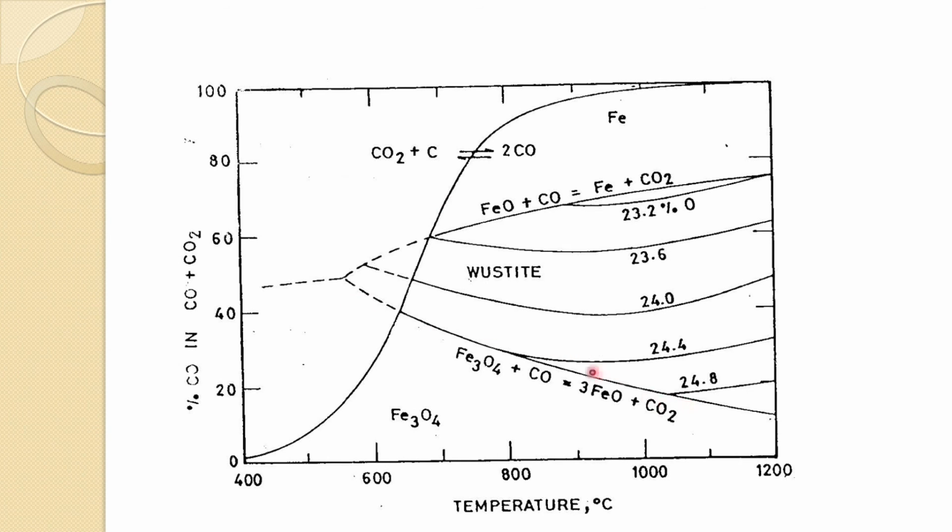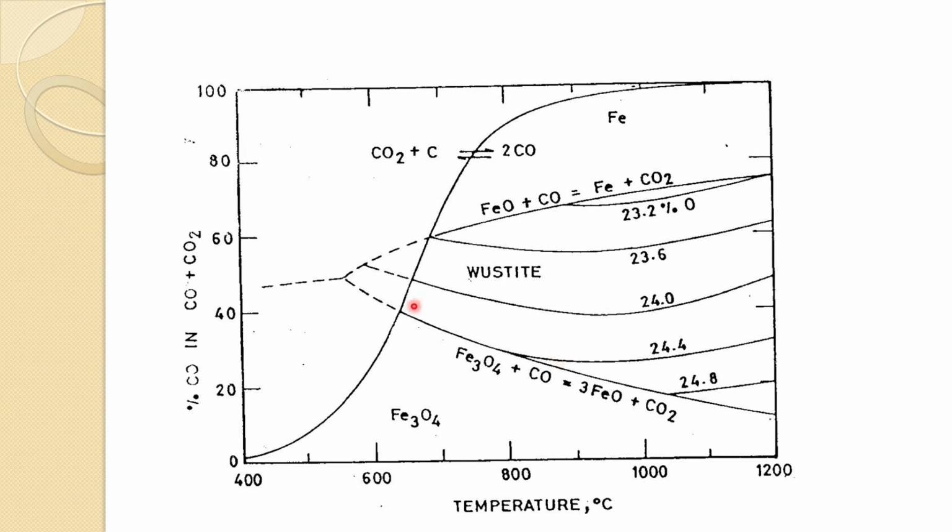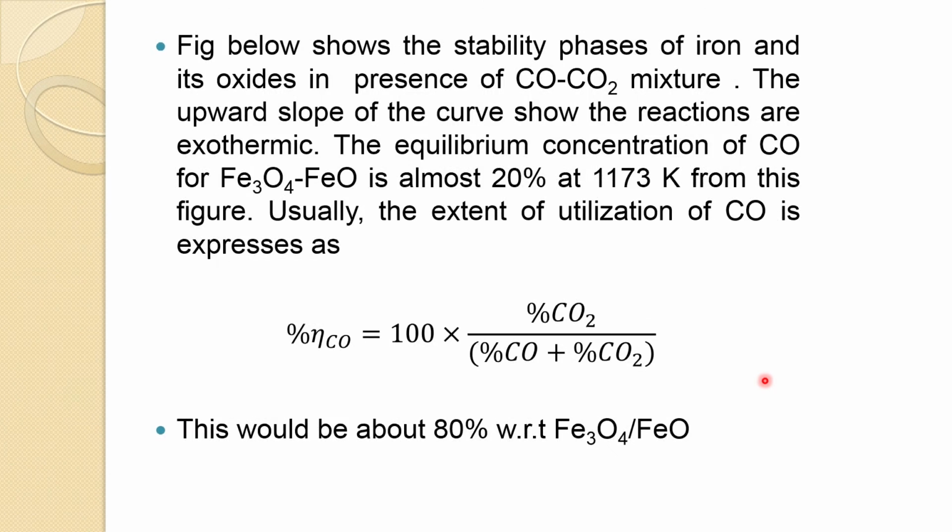So this is the Fe3O4 FeO content, and usually we talk around 900 degrees Celsius or so. At that, if you see, it is about 20% CO, which is the equilibrium concentration of CO.